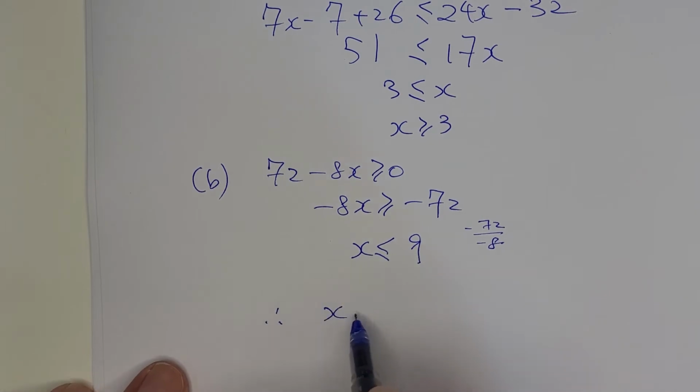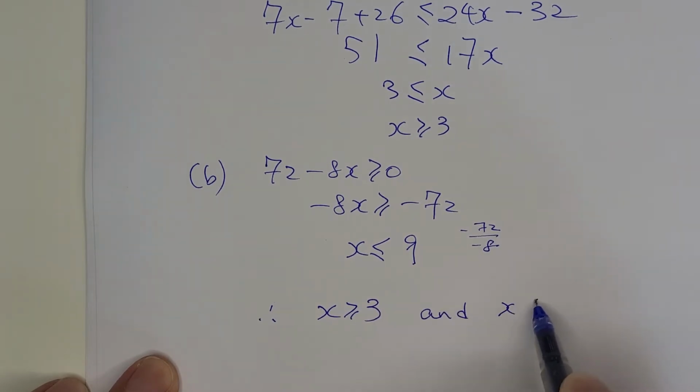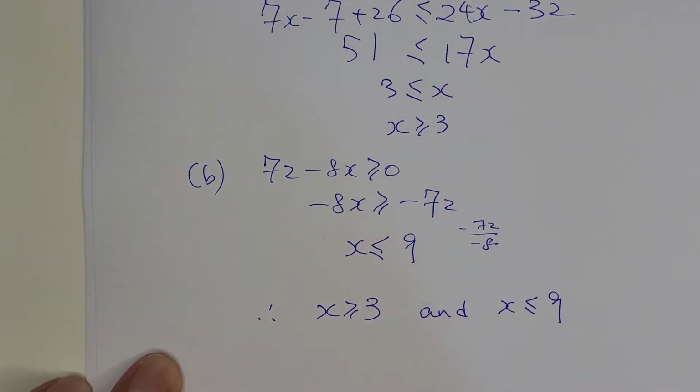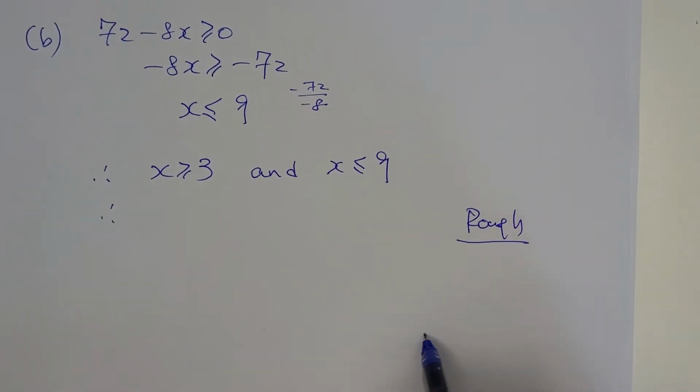That means you need to satisfy both inequalities, x greater than or equal to 3 and x less than or equal to 9. So you need to draw rough work and represent the solution graphically. 3, 9. First one, x is greater than or equal to 3.